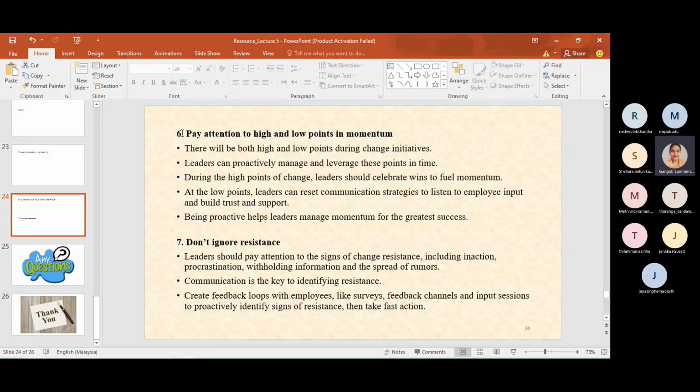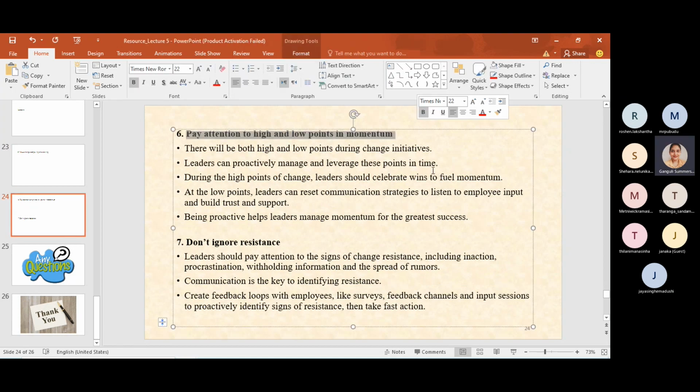Okay, and pay attention to high and low points in momentum. Okay, so this is another strategy that a leader can use to manage the impact of changes. Okay, so once you implement a change in the company, there will be high points and there will be low points. Okay, so high points means when everything goes as planned.